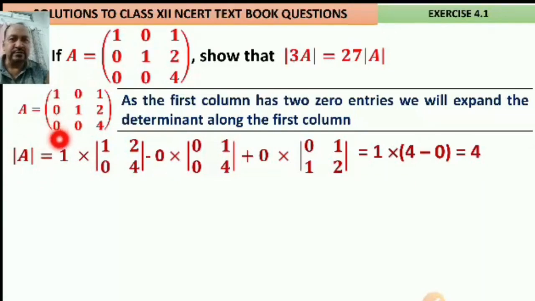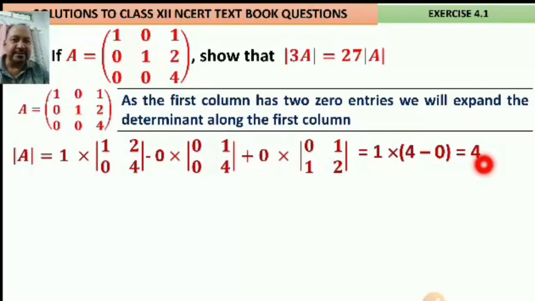So you can get the determinant like this. We can choose this column since it has the maximum number of zeros. So 1 times the determinant 1 0, 1 2. The first row and the first column elements will be deleted, and for the remaining elements you do the cross multiplication and calculate the determinant, which is 4.